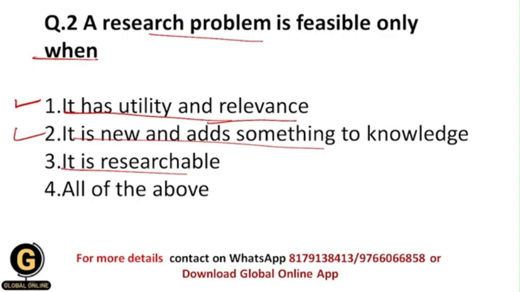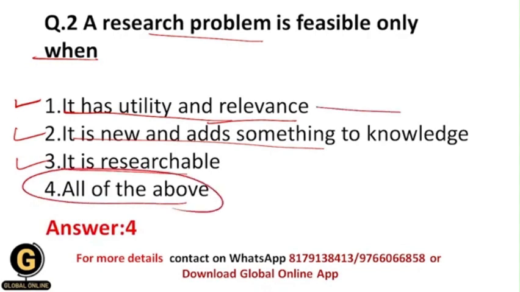If the research problem is not researchable, then obviously you cannot do the research further, so the research problem should be researchable, and after that it will be feasible. So this is another option when the research problem is feasible, and that's why the correct answer to this question is 4, that is all of the above, because in all of these situations the research problem is feasible.